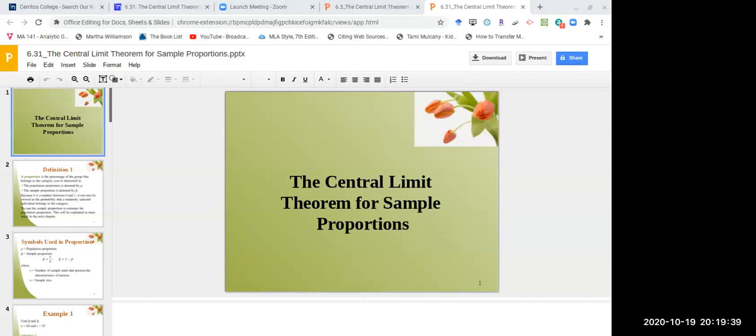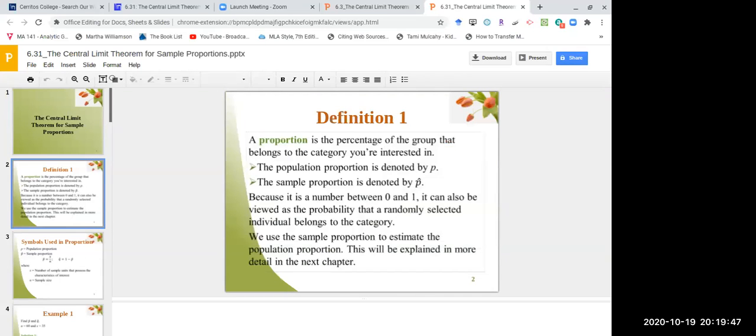and I'm going to share my other application as soon as it opens, so we can review the central limit theorem for sample proportions. You want to make sure that you pay particular attention to the definitions and assumptions.